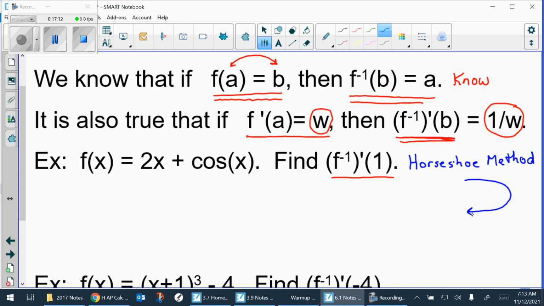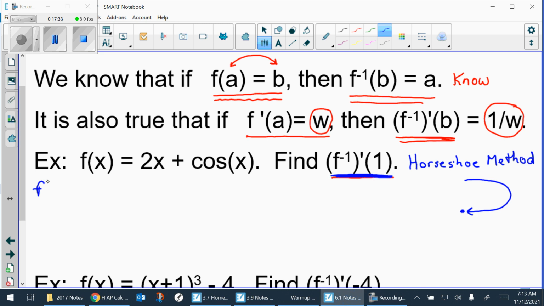Okay, let's take a look at this. Now, here's how we start. Remember that I am looking for f inverse primed at 1. And the way I start this is I say this. I'm not going to start with the answer. I'm going to end up with the answer right down here, remember.